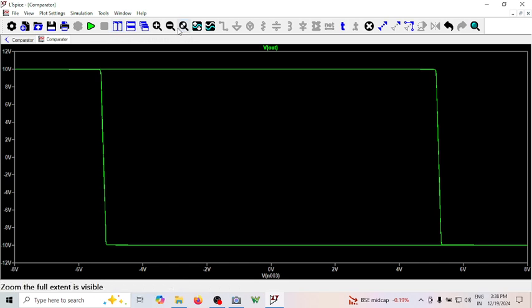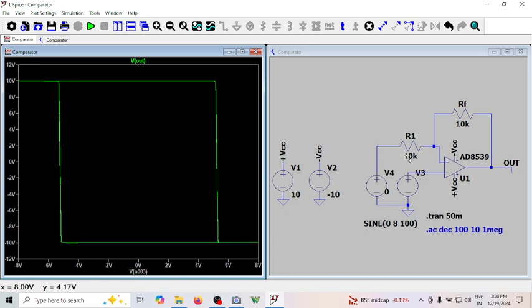Suppose if I change R1, R2, then this will shrink. If I reduce the value of the bottom resistor, then your hysteresis will reduce. Let me make it 5K.